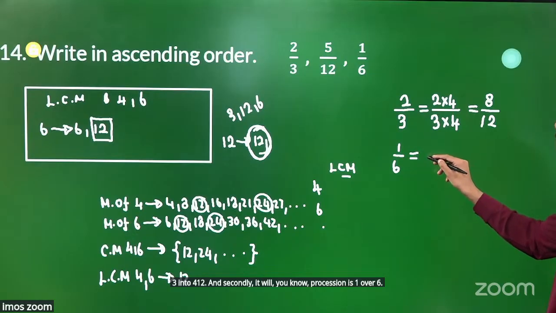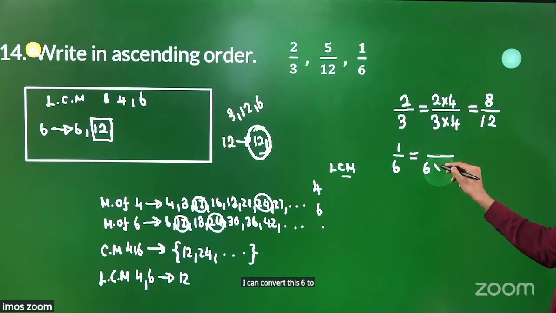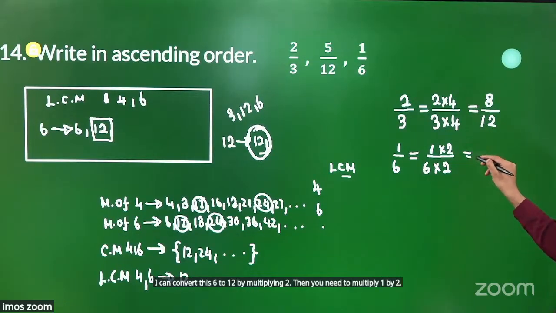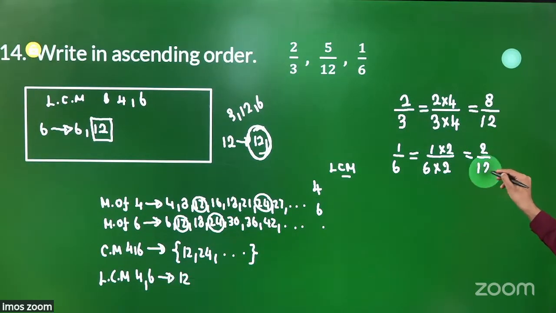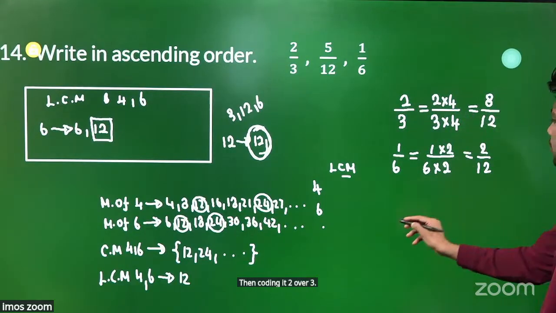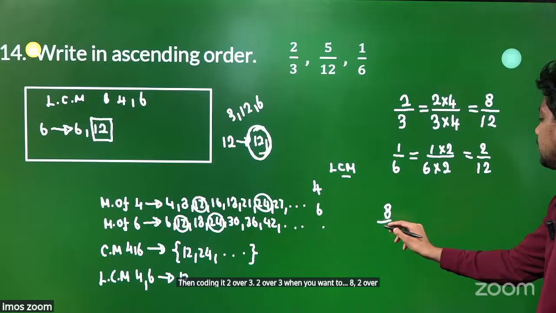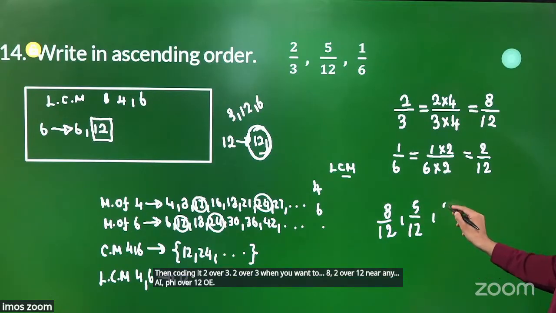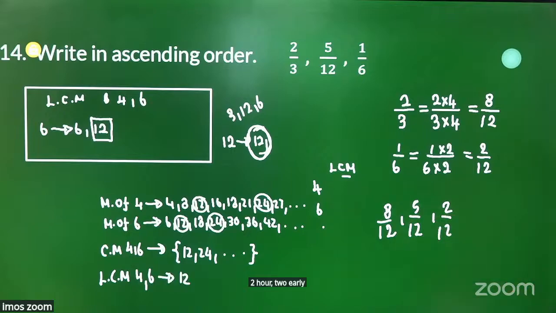I can convert this 6 to 12 by multiplying by 2. Then you need to multiply 1 by 2. So 2 over 12. So 2 over 3 becomes 8 over 12. Now 5 over 12, 2 over 12 and 8 over 12 are what I have to compare.